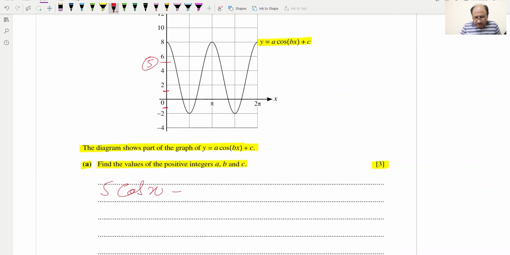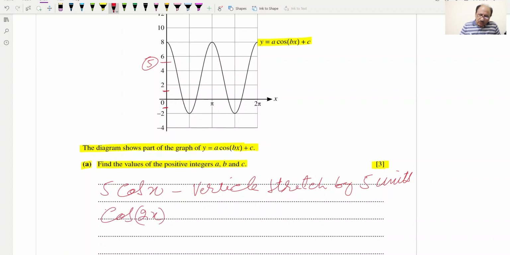5 cos x means what? It's a vertical stretch by 5 units. So instead of 1, now we reach 5. And then instead of cos x, it is cos 2x. Why is it cos 2x? Because there is a horizontal compression also.